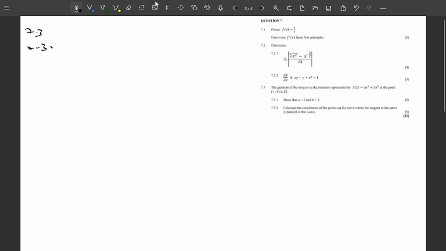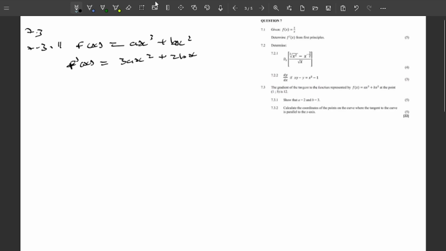Quite simply, the first step is to derive this function. So f of x equals ax cubed plus bx squared. Now we're going to derive it. Right? 3ax squared plus 2bx. Good.